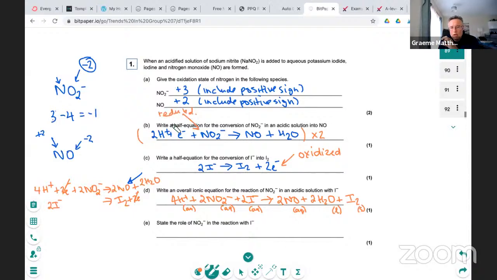Because the NO2 minus was reduced, it's accepting electrons from the I minus, which was oxidized. Therefore, if the NO2 minus is accepting electrons on the left, it's getting the electrons from the other half equation on the right, which means the iodide half equation was oxidized. And so therefore NO2 minus is an oxidizing agent.